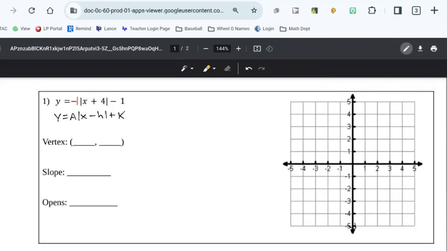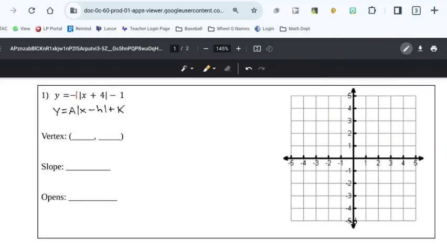So for our vertex, we are looking for the opposite of h. Now h, if we look up into our equation, is positive 4. We want the opposite of that, so we're jotting down negative 4. Then for k, we just want whatever our value for k is, which in this case is negative 1.